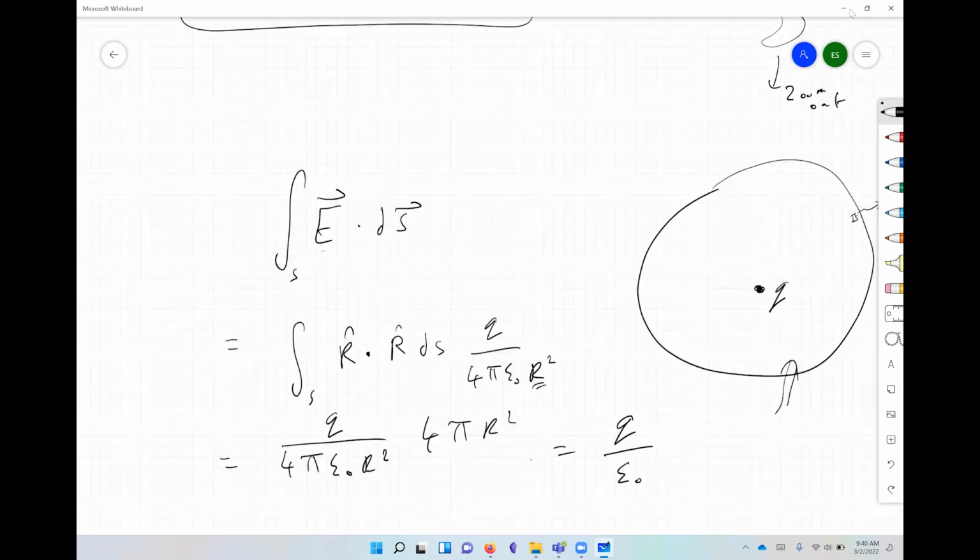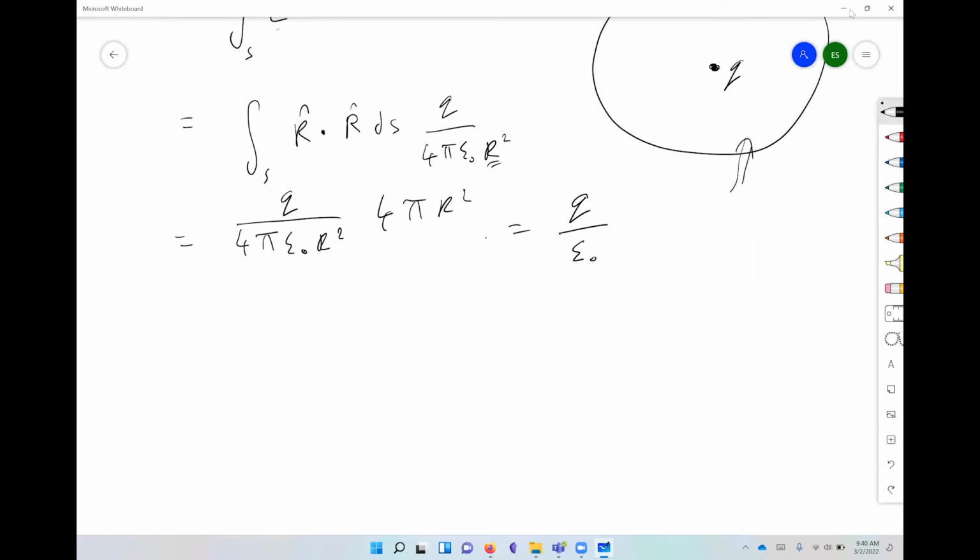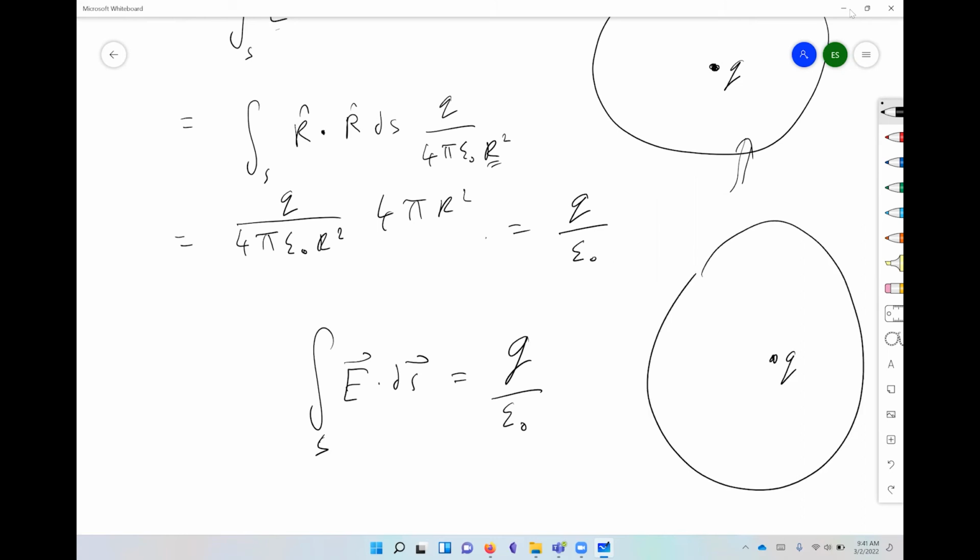So for a point charge, the flux of E dot ds over a surface S that's a sphere is going to equal the total charge inside the sphere divided by epsilon naught. Now the key concept that's going to lead to Gauss's law is that this doesn't have to be a sphere.